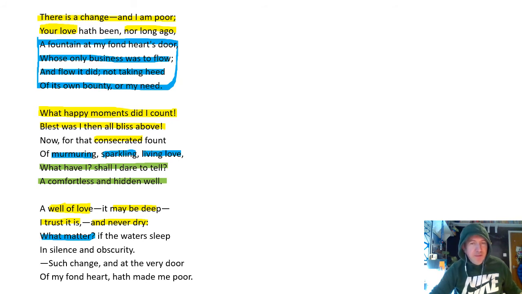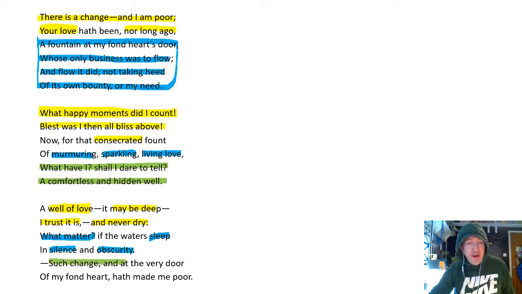Here, for example, the water now is described as sleep, silence, and obscurity. Now, previously in stanza 2, the water was murmuring, sparkling, and living. So you can see there the difference in how the water is behaving between the first metaphor and the second. The end of the poem is again quite melancholy and quite depressing.